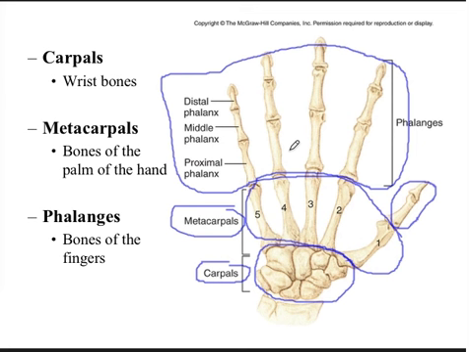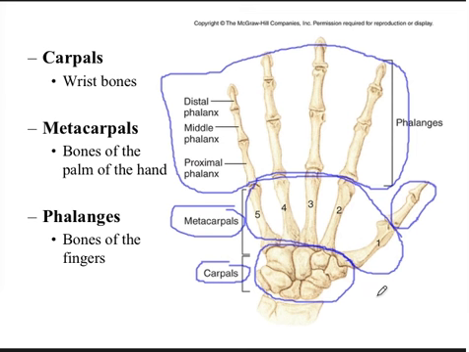At first glance, I'm going to say that we are looking at the back of the hand here for a couple reasons. I don't see the characteristic projections on the carpal bones that I would expect to see on the anterior aspect, so I think we're looking here at the back of the hand.